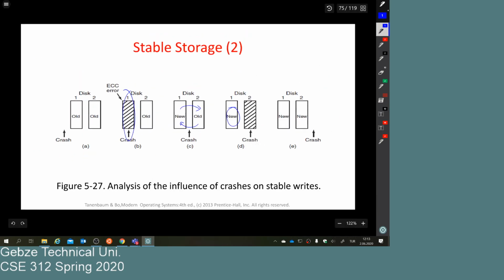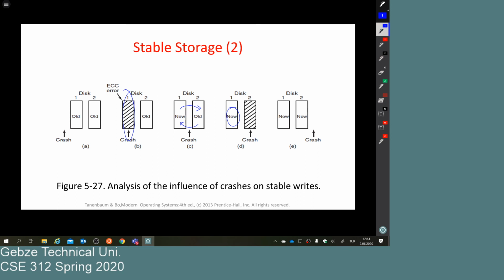This is called stable storage, and the idea of stable storage is to write your data to different disks, one after the other, not at the same time. So this means that your writes will be slower.